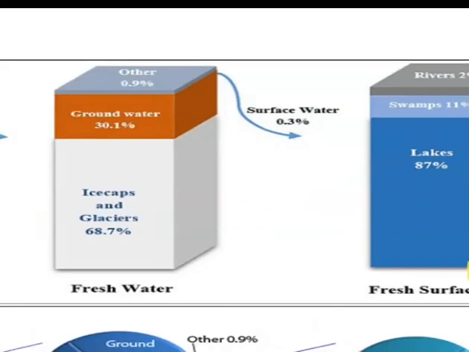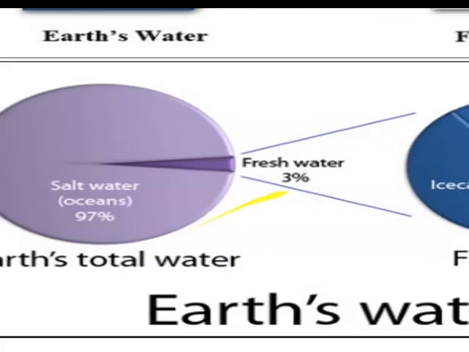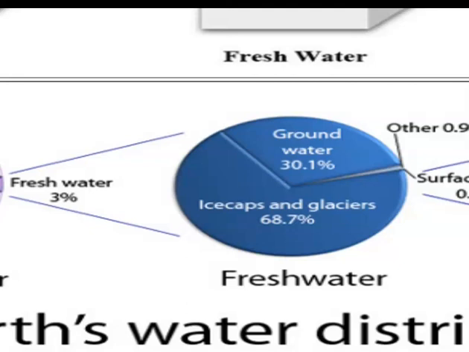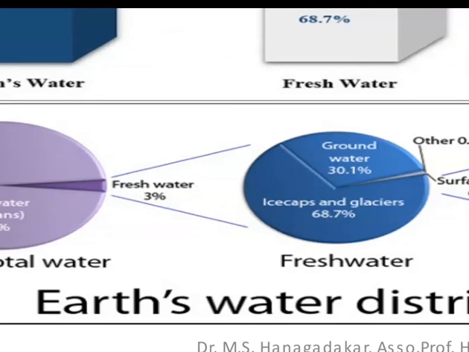The same graphical expression is also explained in this graph. 97% of water is in the form of ocean, and fresh water is available in only 3%. Amongst this 3% of fresh water, 68.7% is in the form of ice caps or glaciers, 30.1% is groundwater, 0.9% is in other forms, and only 0.3% is available as surface water.